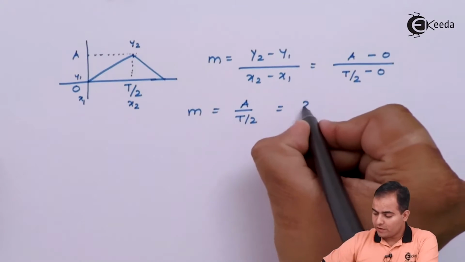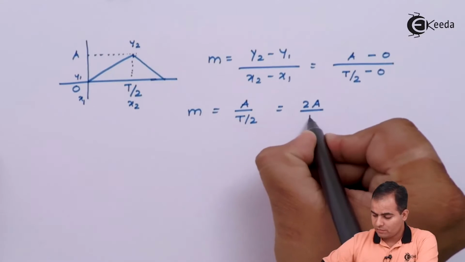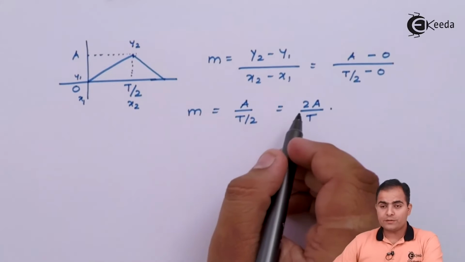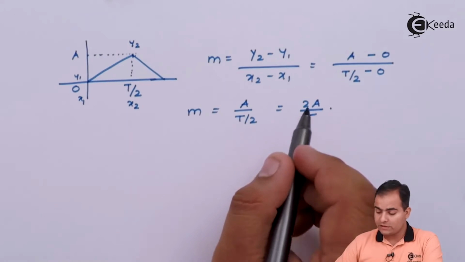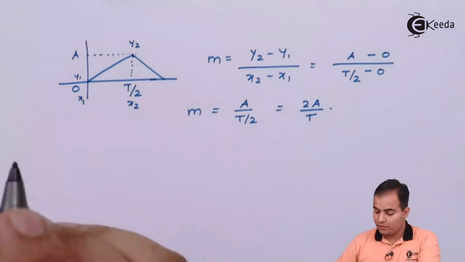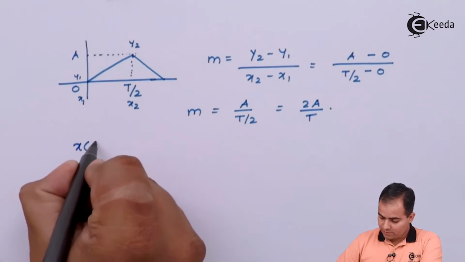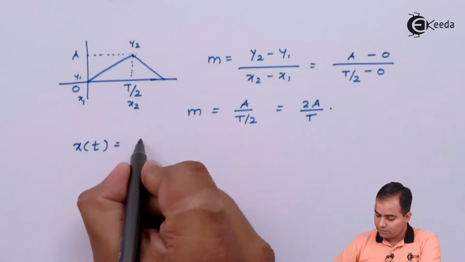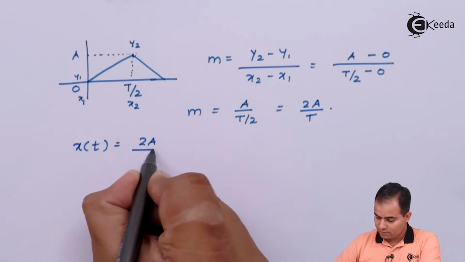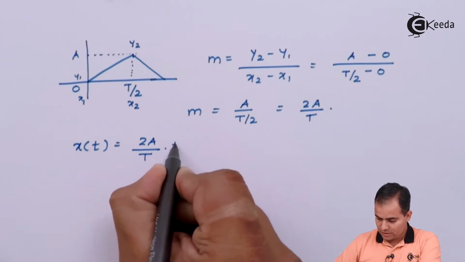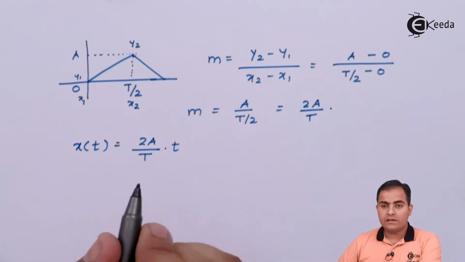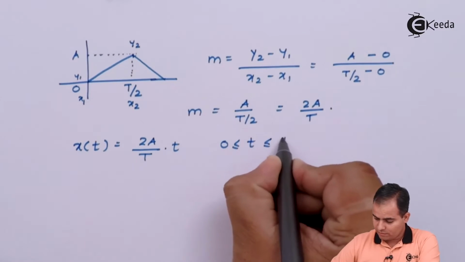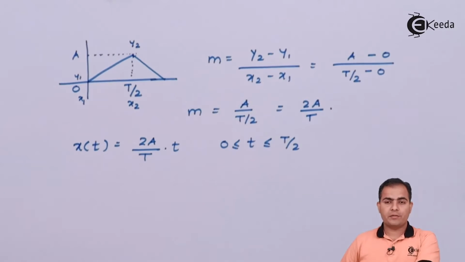So my total slope becomes 2A by T. I'm going to substitute this slope value, which is available in between 0 to T by 2. So I can say that my x of t has the value 2A by T into t, but in between 0 to T by 2.